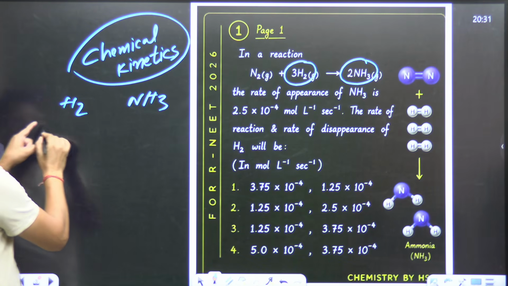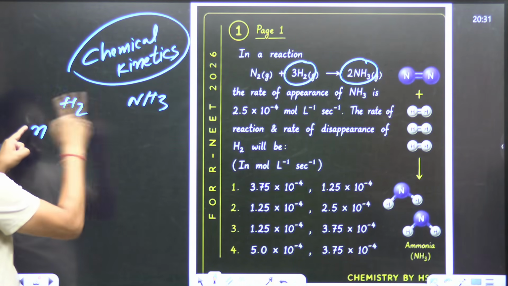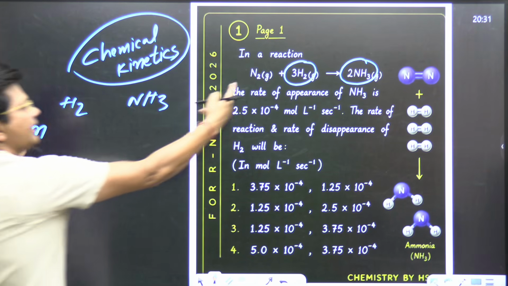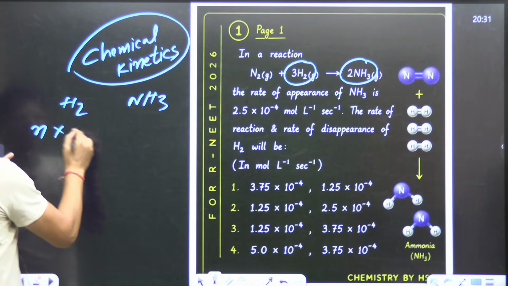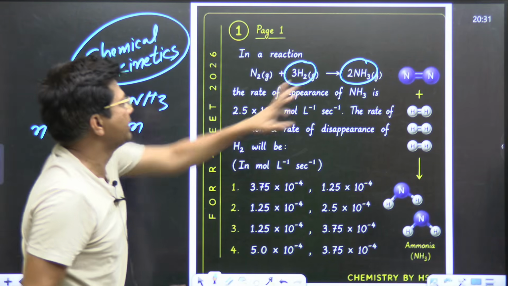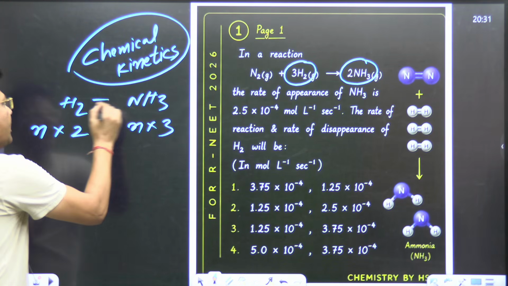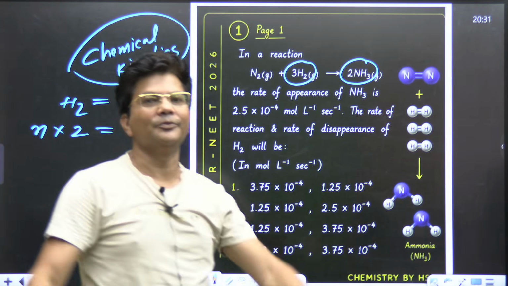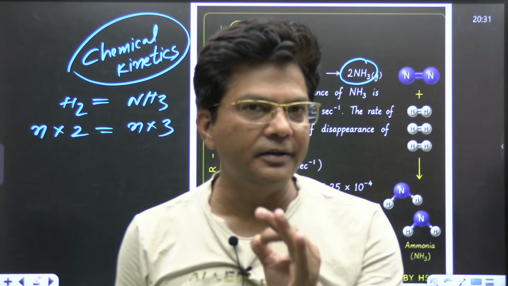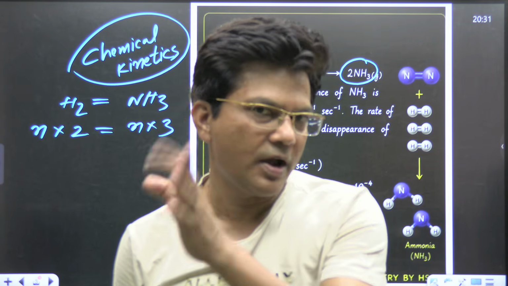Now I will say number of moles, that is concentration per unit volume, its N factor is 2, and its number of moles and its N factor will be 3, right? You are able to understand this, and I will put an equal sign, because n1 into N factor 1 is equal to n2 into N factor 2, right?